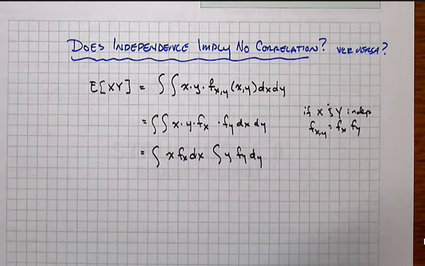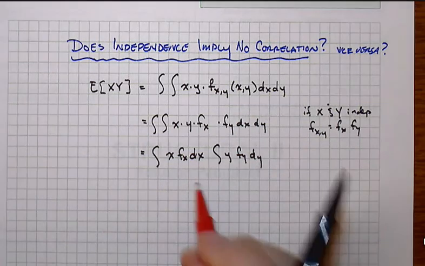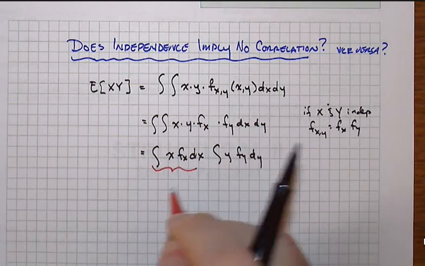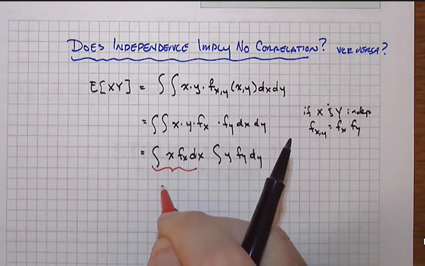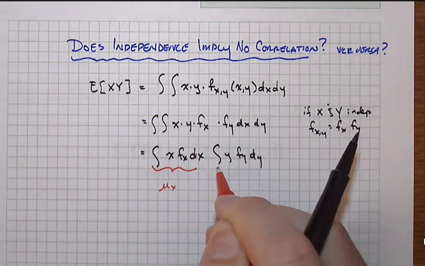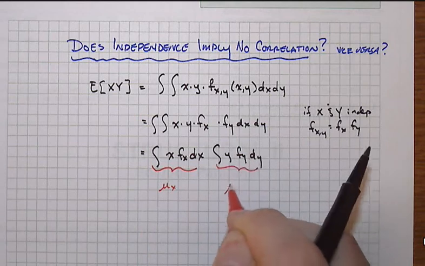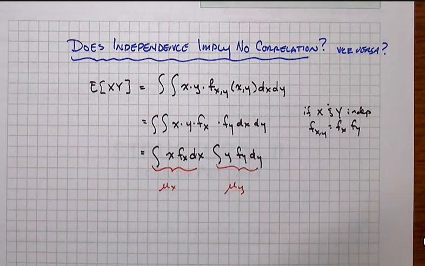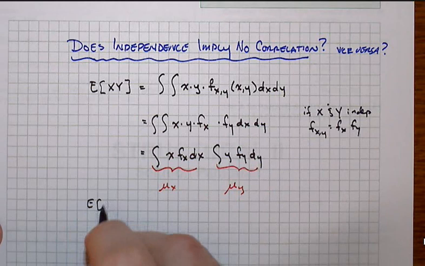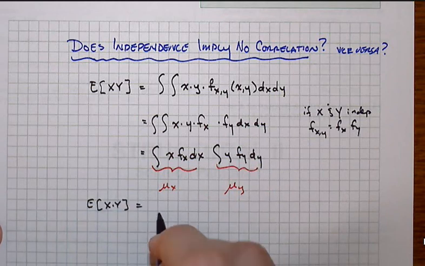And so here's a critical result. This is equal to the mean of X, and this is equal to the mean of Y. So now, if they're independent, the expected value of X times Y is going to be equal to the mean of X times the mean of Y.